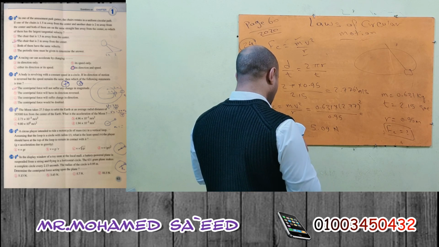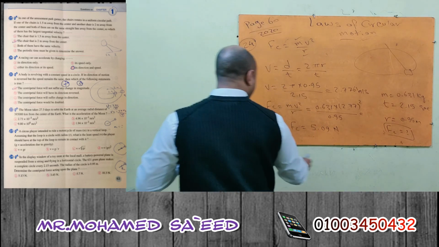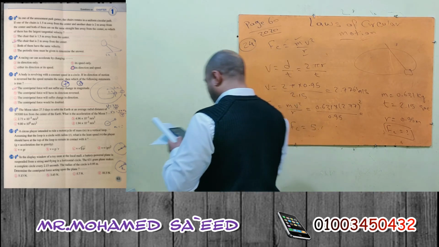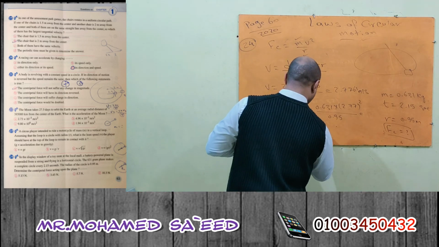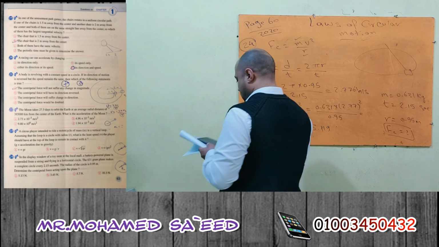We substituted with the exact numbers, so it will be 5.119, which is equivalent to 5.13. So the true answer is A.